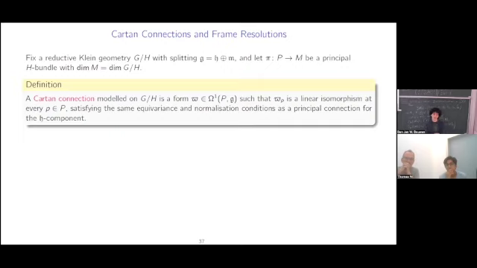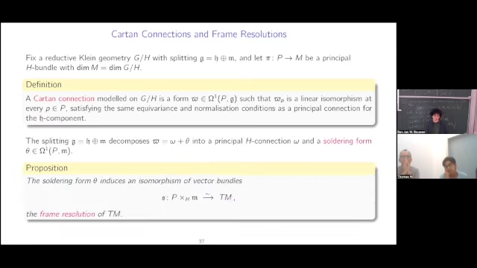And let's consider a principal H-bundle P over M. And in particular, let's also assume that the dimension of M is just the dimension of G mod H as a quotient. So a Cartan connection modeled on this homogeneous space is a form on P with values in g such that omega at p is a linear isomorphism at every point inside P. And this is going to satisfy the same equivariance and normalization conditions that you have for a principal connection on the h component.